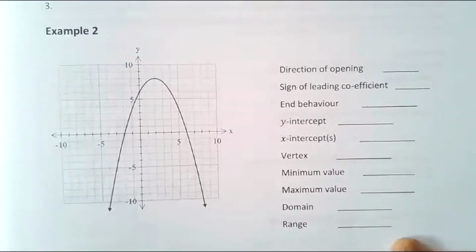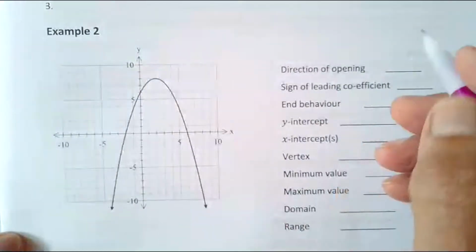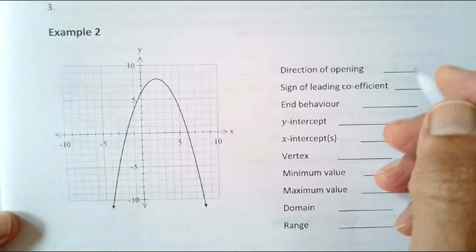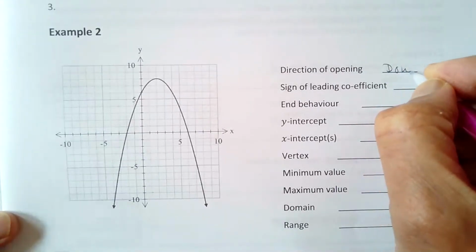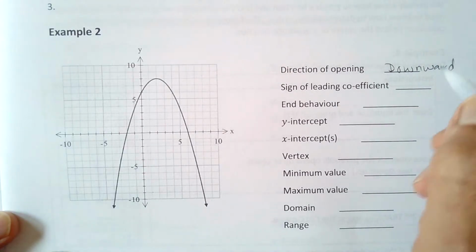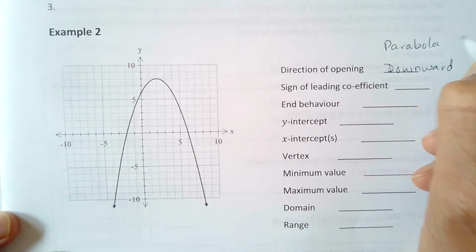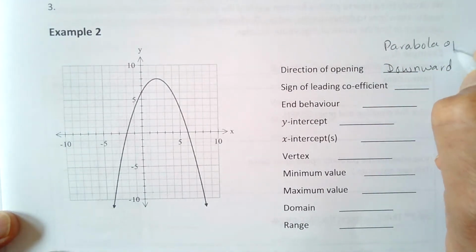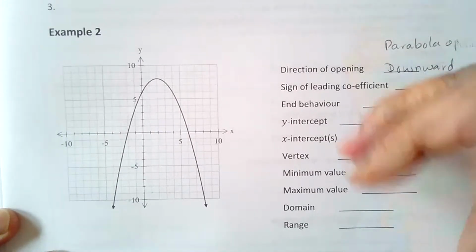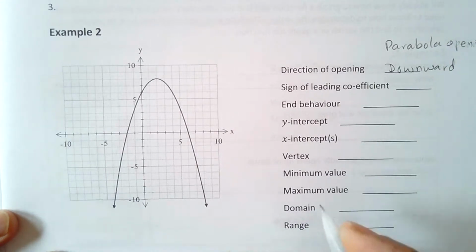Example 2. The shape, the direction: the parabola is going downwards. So you can put down here, the parabola is opening downwards.